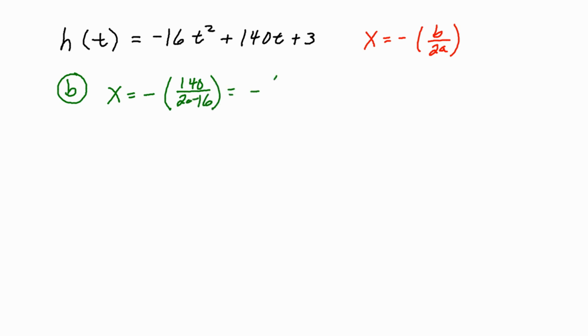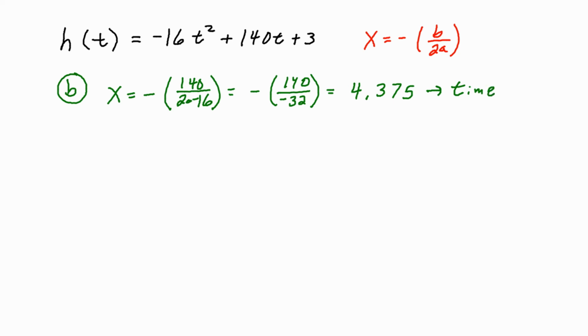So I have negative 140 divided by a negative 32, which gives us 4.375. My negatives cancel each other out. So what we have found is our time. That's when it reaches the maximum height.